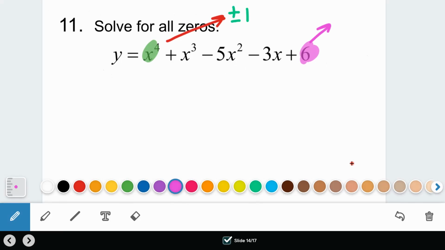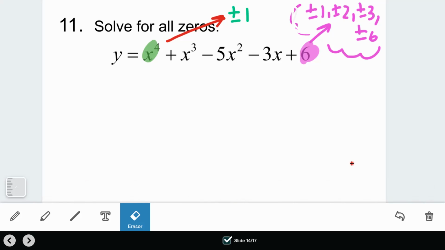And this is going to give us a plus or minus 1, plus or minus 2, plus or minus 3, plus or minus 6. Now, since all these are over 1, it's really going to end up having my P's over Q's be these. Those are the ones that I'm going to start with and find.